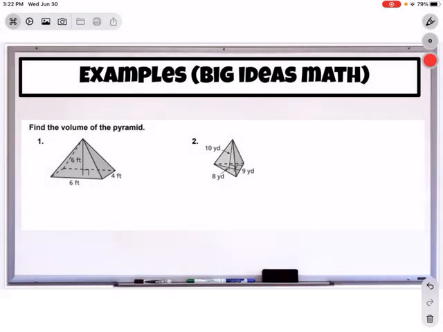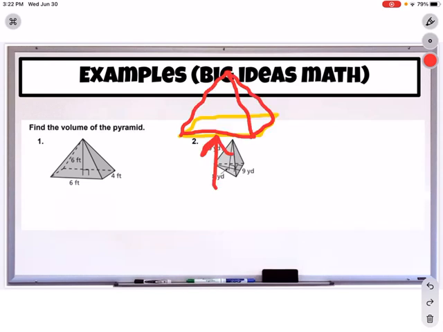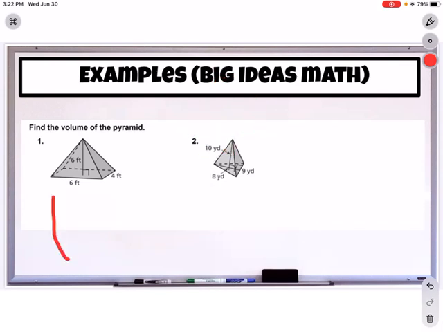Let's take a look at some examples. Make sure you have a calculator next to you. For number 1, we have this pyramid.